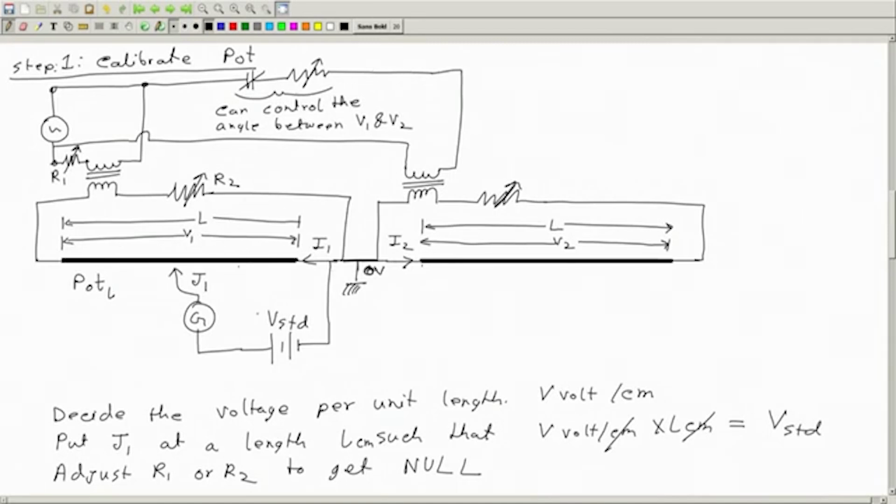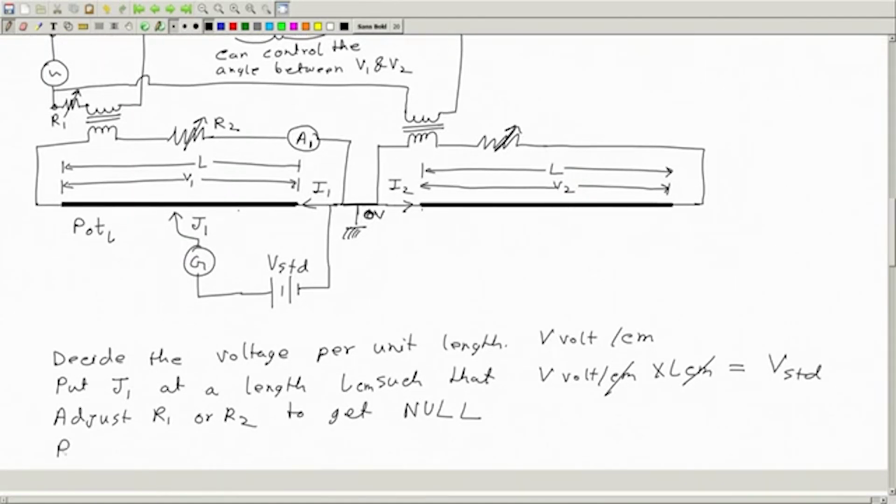But of course, we need to record the value of ammeter A1, say this is equal to I1. Note this value, and then the calibration of potentiometer 1 is done.